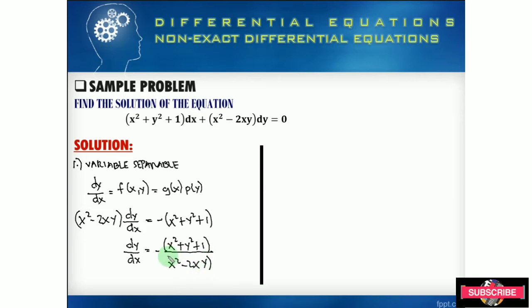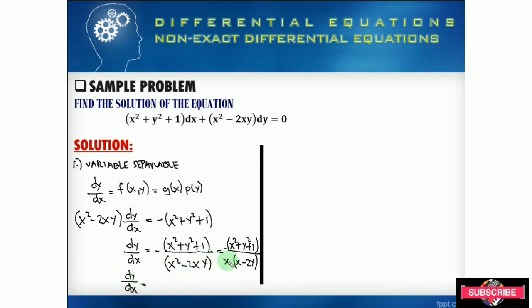Okay, and if we are going to reduce this, this would be equal to negative of x squared plus y squared plus 1 over, we extract the x, so we have here x and then x minus 2y.